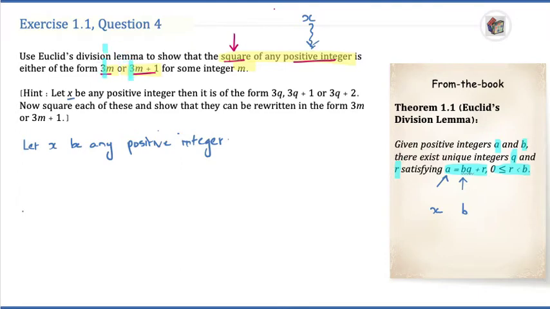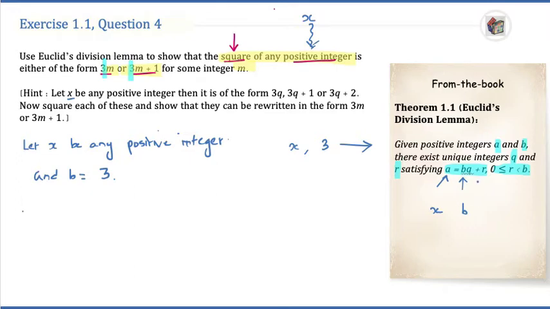It's a multiple of 3 in this case, or it's a multiple of 3 plus 1 in the second case. So this is what I take b to be. This is exactly what we did in question 2 again. So let x be positive integer and b be 3. Now that I have these two numbers, I have x and I have 3, I can use the Euclid's division lemma to write down this kind of a relationship.